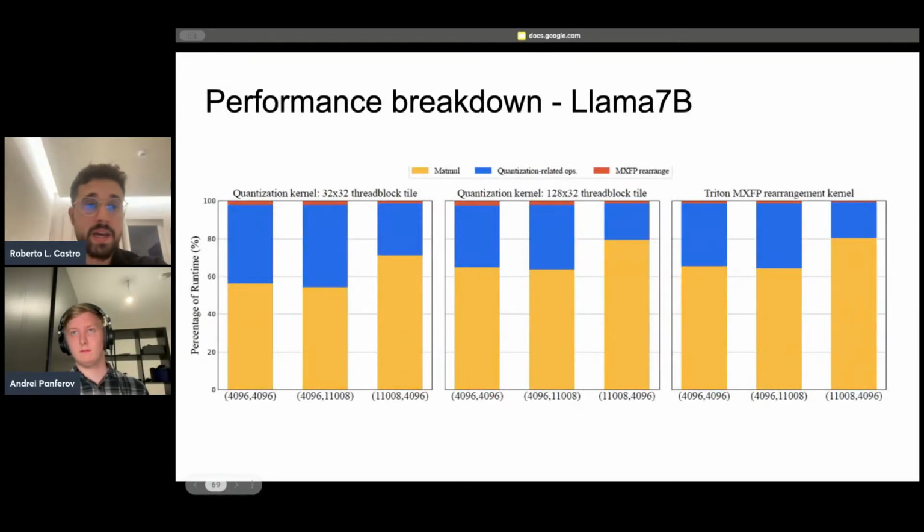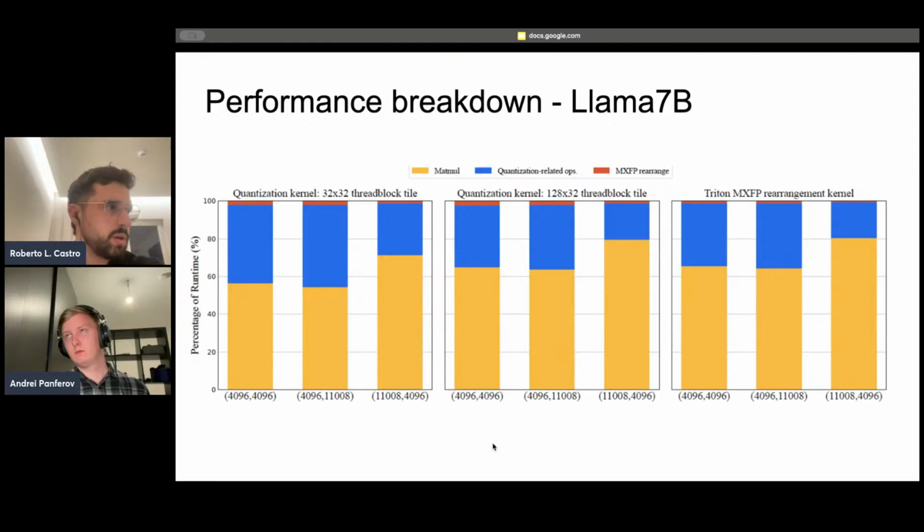So here I have a performance breakdown for some layers of a Llama 70B model. And here the y-axis shows the percentage of the runtime that each of these three methods take, right? So we can actually see that for larger matrices, the matmul represents an important percentage of this runtime, but the smaller the matrix, the more the overhead of these quantization related operations.